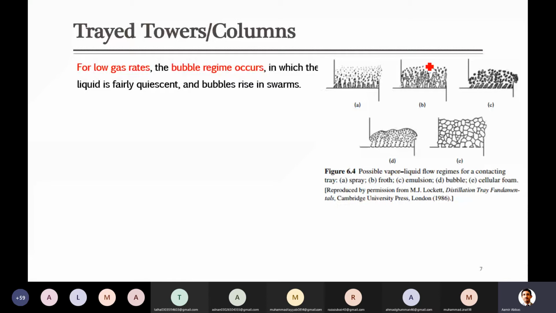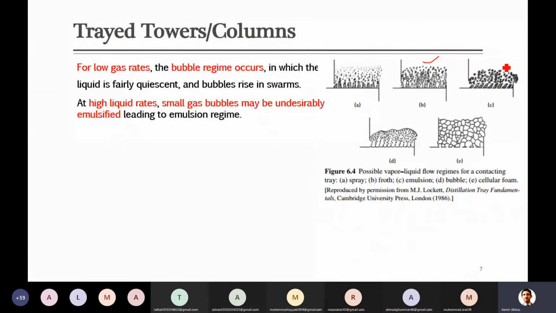If the flow rate of gas is low, only some bubbles will be formed, because the gas flow rate is not high, so there will not be much agitation. It is also not the preferred one, since the gas flow rate should not be so low that there is not good contact. Only some bubbles are formed, and they will just cross the liquid very easily without making much contact with it, and that is still not favorable for mass transfer.